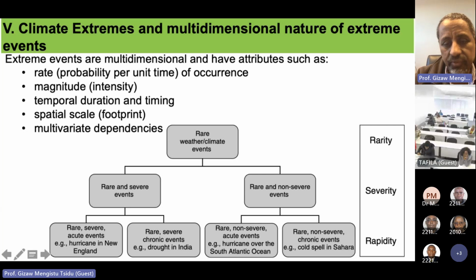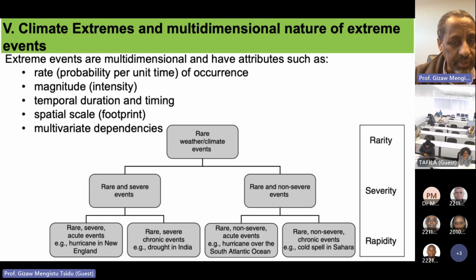So there are different ways of characterizing an extreme event, and in fact, that makes it very challenging, because the extreme event can vary as a function of rate, of its magnitude, of its temporal duration, and timing of occurrence. Timing: is it a winter event? Is it a summer event? Is it a spring event? That's important.